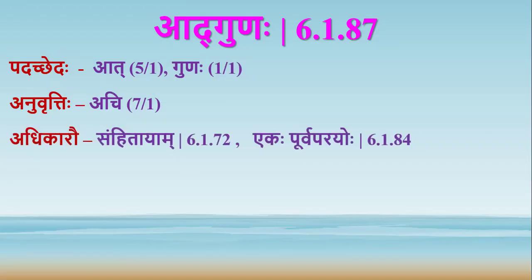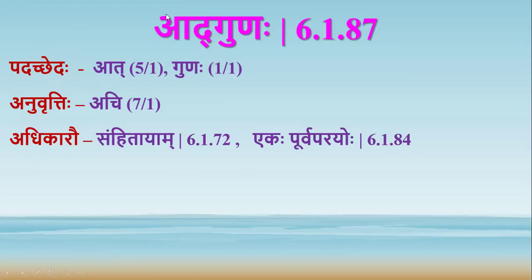This sutra comes under the Adhikara Samhitayam 6.1.72, because this Samhitayam Adhikara runs from 6.1.72 up to, I think, 6.1.157. Up to there this sutra runs. This Eka Purva Parayoho has started from 6.1.84 and runs up to 6.1.111.